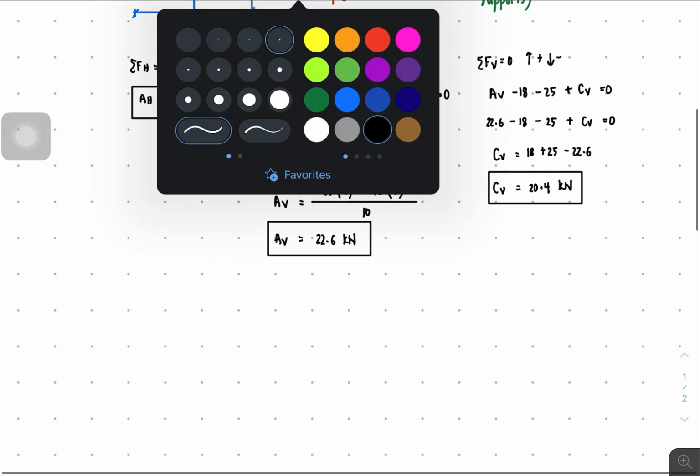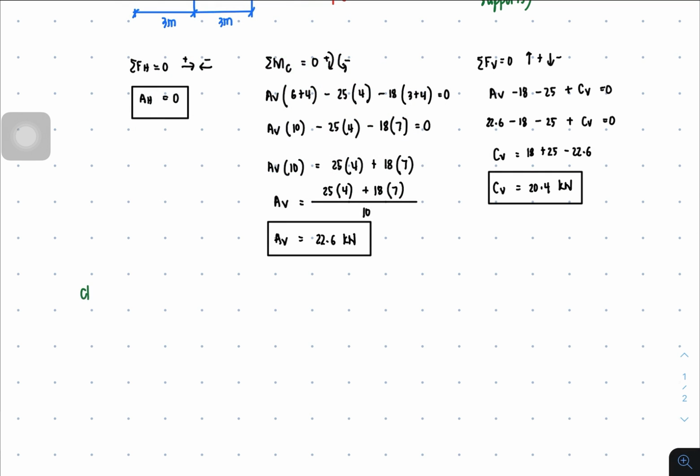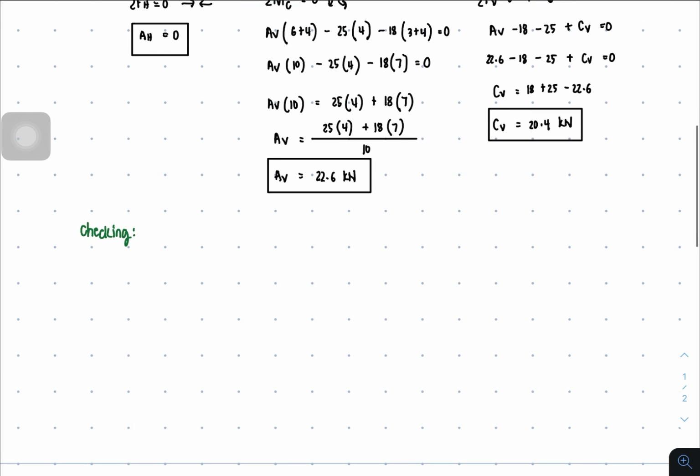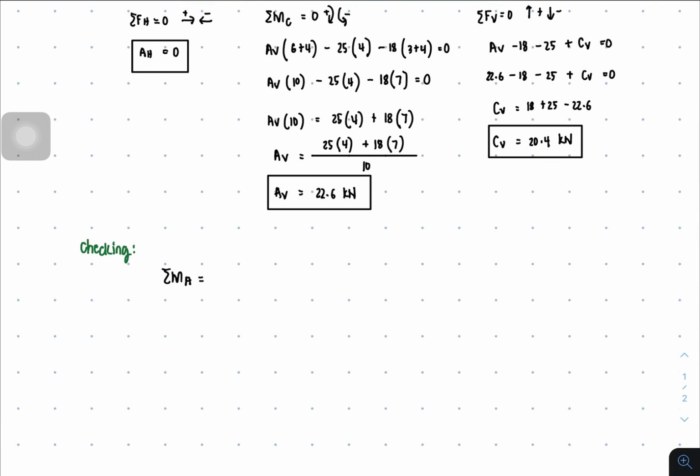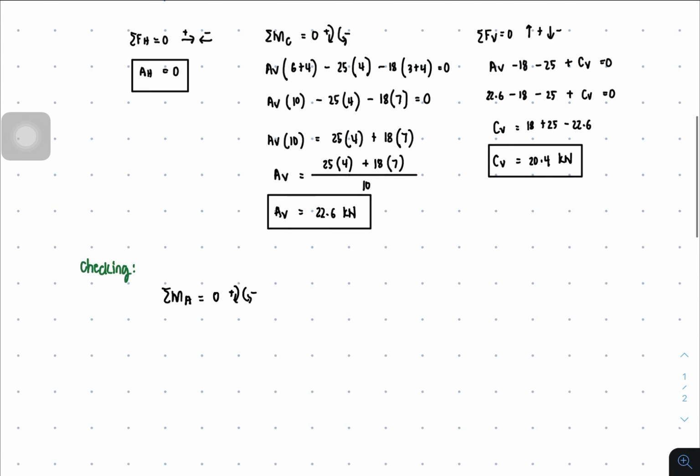So let's do the checking. We're going to use the summation of moment about point A because we're done using the summation of moment about C. Why point A? Because this is the position of the other support. So summation of moment about point A equal to 0, clockwise positive, counterclockwise negative.